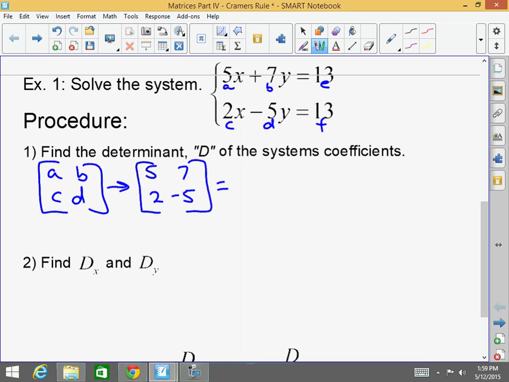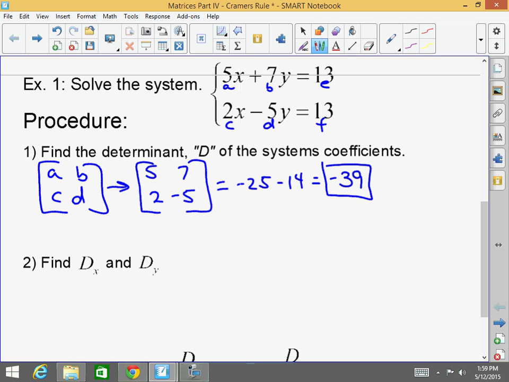My determinant here will be negative 25 minus 14, which equals negative 39. So guess what? I already have the denominator. I already have the D. Gotta admit, that's not too bad, right?